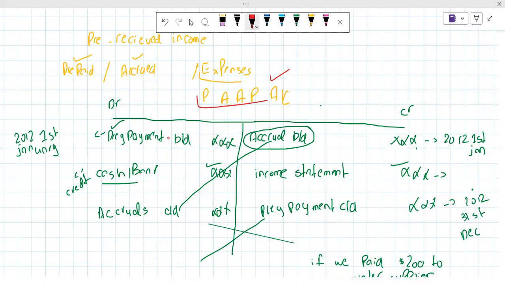If it is the prepaid expense opening balance, we will write it under the debit side. If it is the accrued expense opening balance, we would write it under the credit side. And the closing balances: accrued expenses closing balance would come under debit, and prepaid expenses closing balance would come under the credit side.